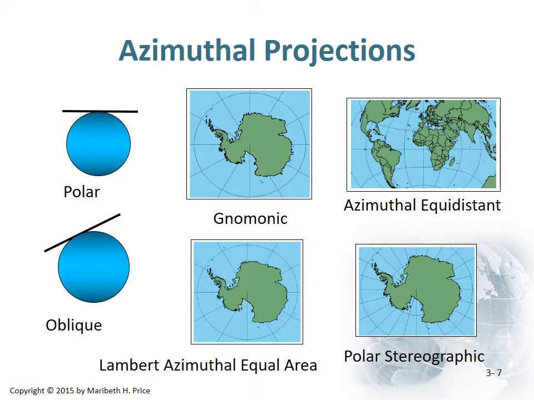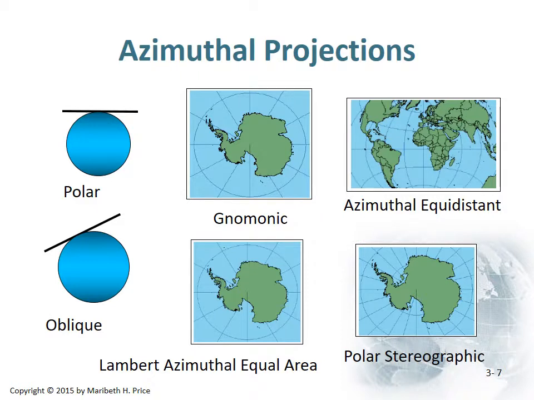An azimuthal equidistant is one where we're tangent at a location, and it's very good at controlling for distance relationships. And then a Lambert azimuthal equal area, as the name implies, is an azimuthal planar projection which is very good at preserving area.